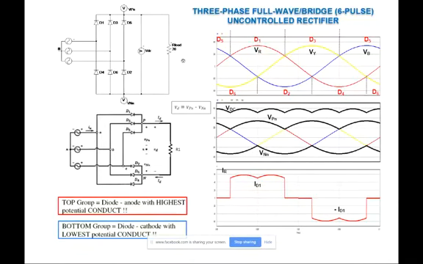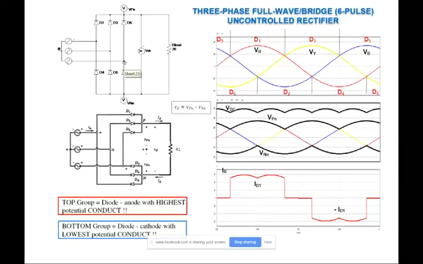Okay, so to construct the three-phase full wave bridge rectifier, we need another 3 diodes connected to the circuit. For the half bridge, we only have D1, D3, and D5, whereby the anode of diode 1, diode 3, and diode 5 is connected to the supply voltage. Now we add another 3 identical diodes in the bottom group: D2, D4, D6.